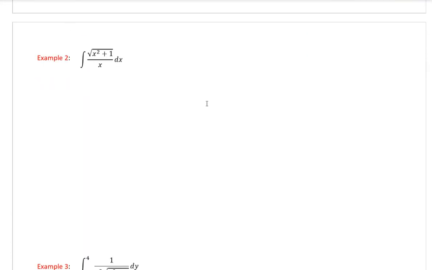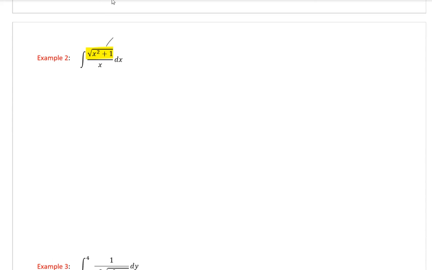Let's do a couple examples of this. Integral of the square root of x squared plus 1 over x. Okay. Now, what we notice here at the top, we have square root of x squared plus 1. That's what we focus on. That's going to be our key that identifies that this is going to be a trig substitution integral.